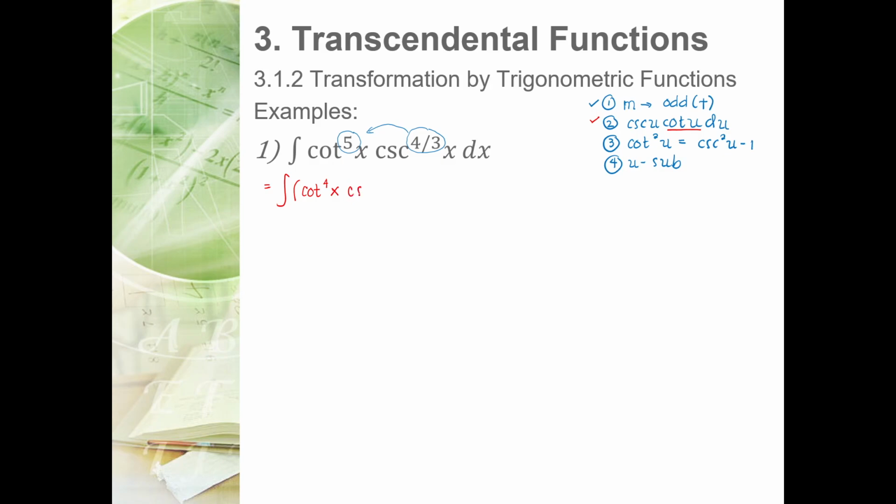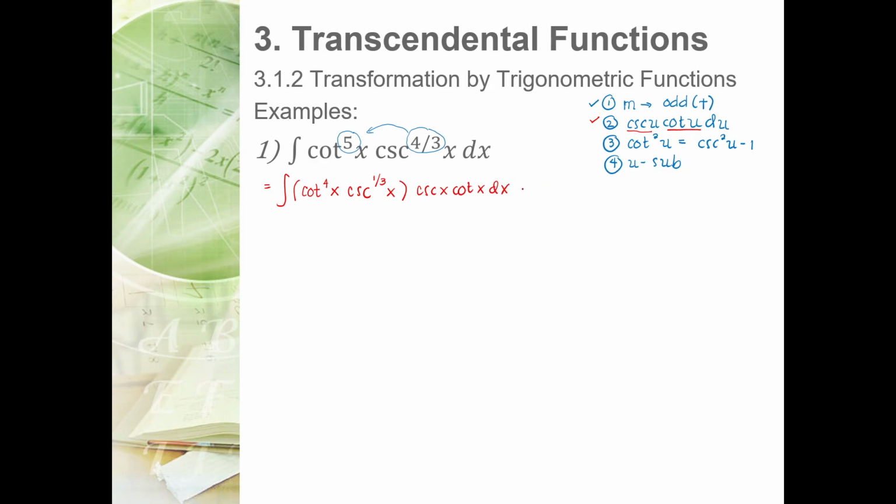Then getting 1 cosecant from 4/3, this becomes cosecant to the 1/3 of x. So you have cosecant x cotangent x dx.